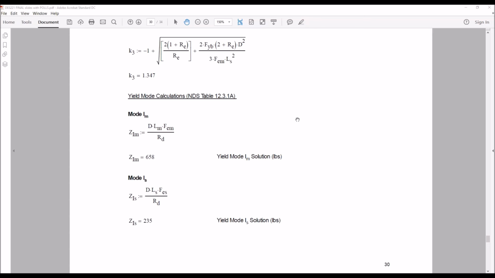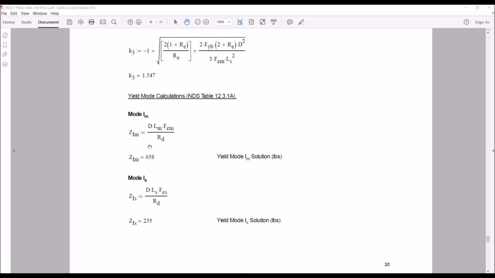But in modes 1 and 3, we have 2 checks we need to do. We need to do a main member check and a side member check. So you'll see here in our mode 1 check, we have a mode 1M check. So that M subscript denotes the main member. So this is our mode 1M solution based on the main member geometry and bearing.